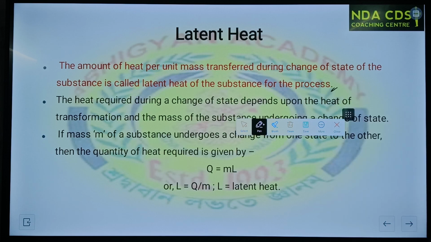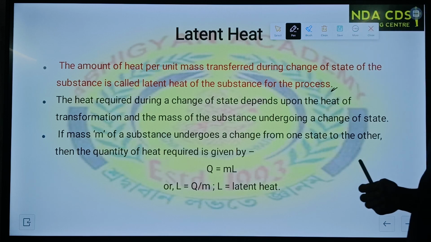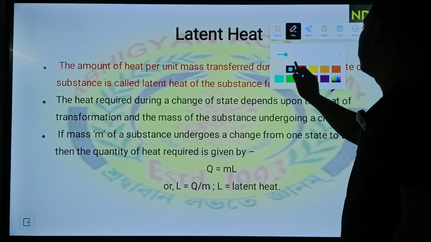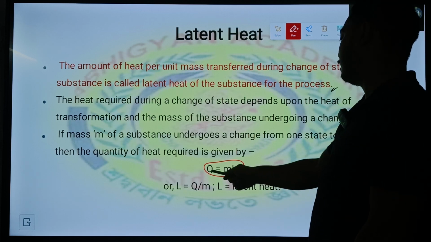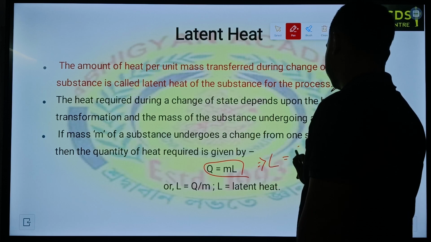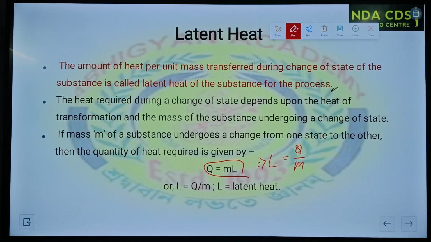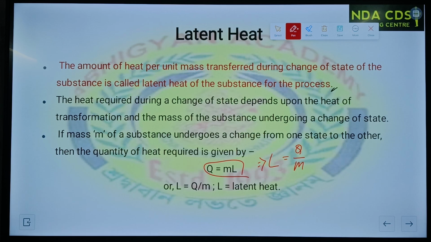लिखो, at least the definition and the formula. This is the formula: Q = mL.